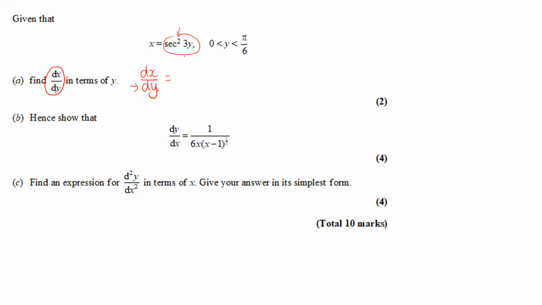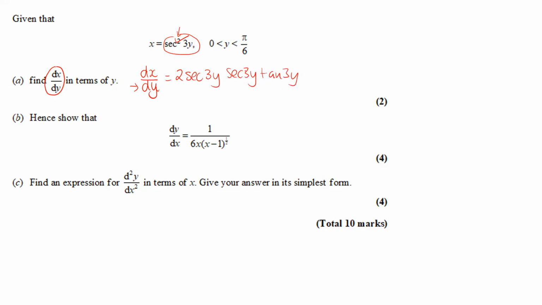So you work outside in and differentiate with respect to the squared. So we would power down, we would leave alone, we take 1 off, so it would go to 1. So that is me differentiating the outside. Then we would differentiate the next thing on the inside, which is sec. Sec differentiates to sec 3y tan 3y.